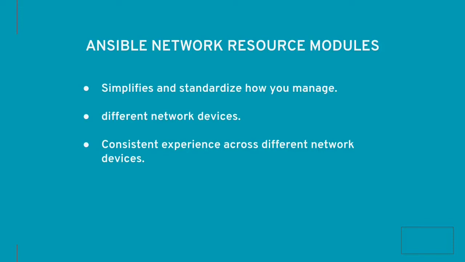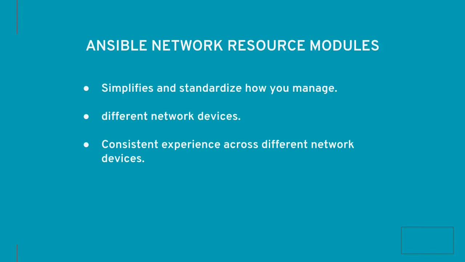Ansible network resource modules take advantage of this to allow you to configure subsections or resources within the network device configuration. Our resources could be static routes, OSPF routes, and BGP. It could be interfaces, L3 interfaces, L2 interfaces, or lag interfaces, for example.